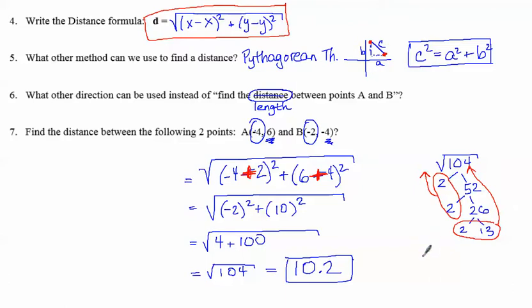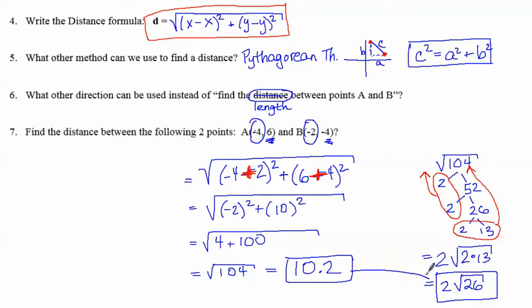So a pair of 2's becomes a single 2 on the outside, and on the inside I still have the 2 times 13. So our simplified radical form is 2 times the square root of 26. This value and 10.2 are the same value, just one of them is expressed in decimal form and the other one in simplified radical form.